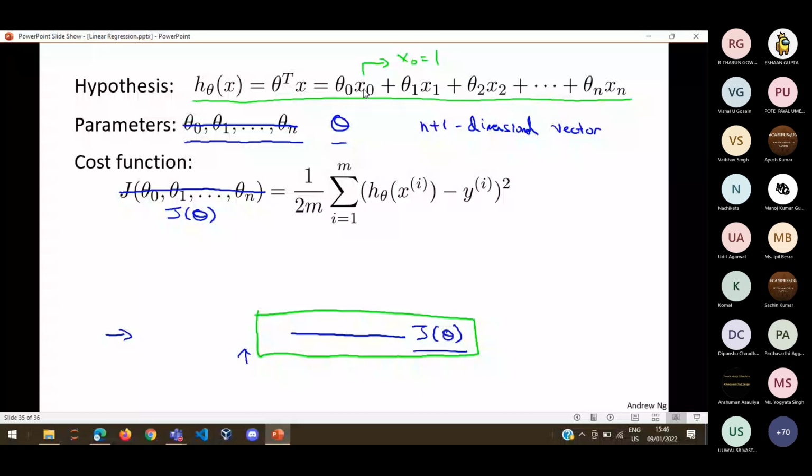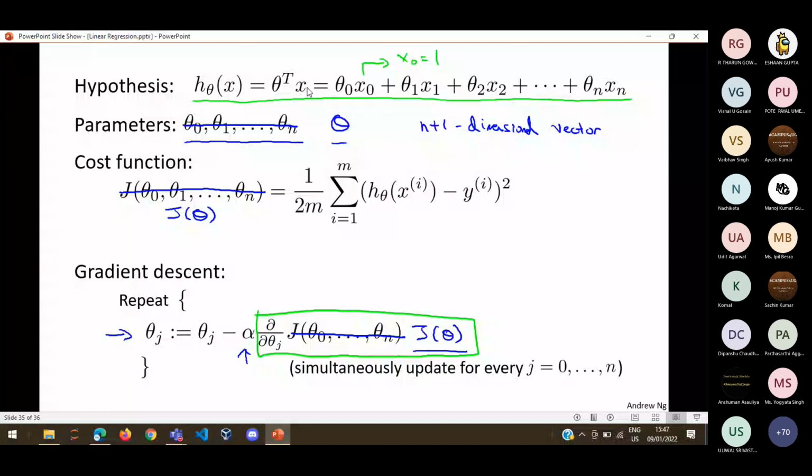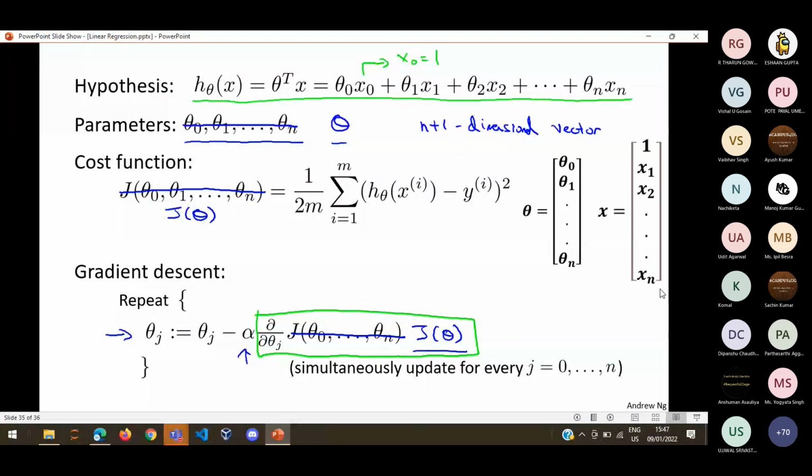Your theta transpose is nothing but this matrix of these parameters, theta 1, a column vector, right? And x is your other feature vector. When you multiply theta transpose by x, this will be your final hypothesis, right?